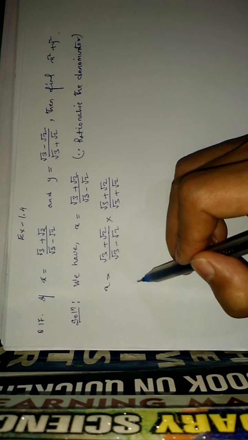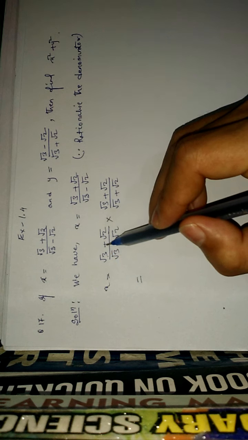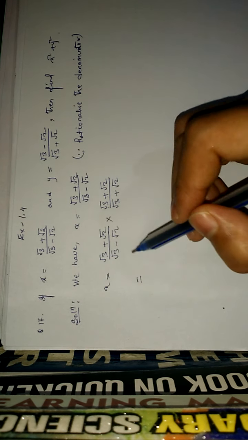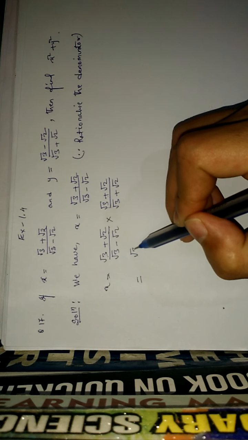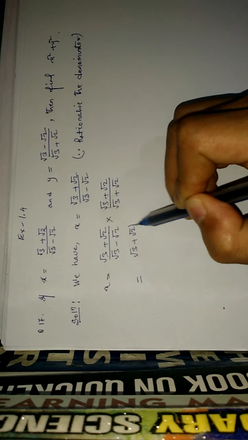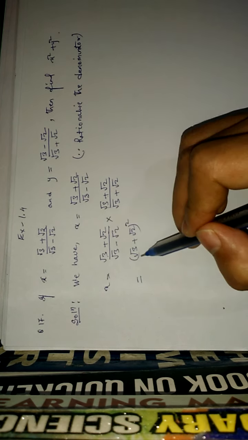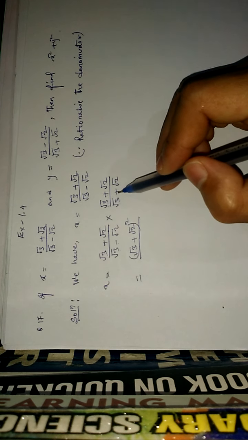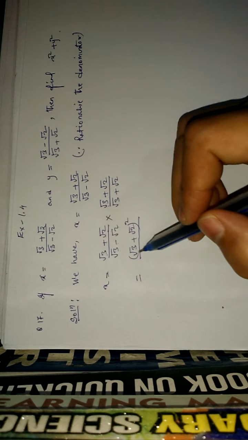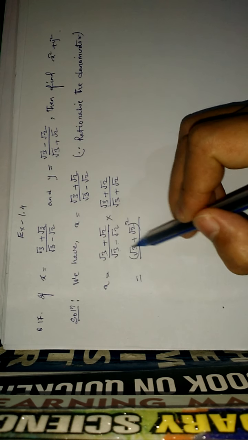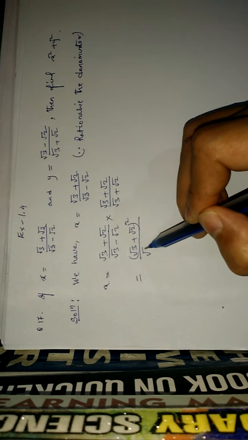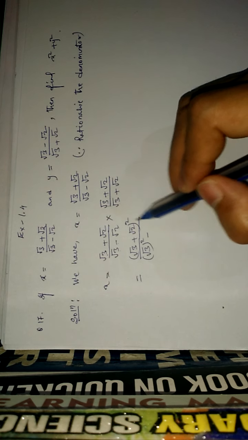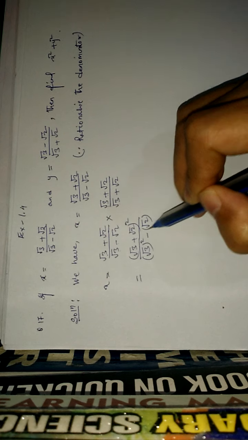Okay, then see here, root 3 plus root 2, root 3 plus root 2, they are exactly similar, so just write root 3 plus root 2 square over here, then divided by root 3 minus root 2, root 3 plus root 2. It means we can form a square minus b square. A is root 3, it will be root 3 square minus b is root 2, root 2 square.